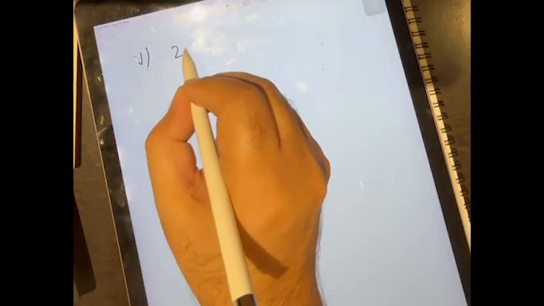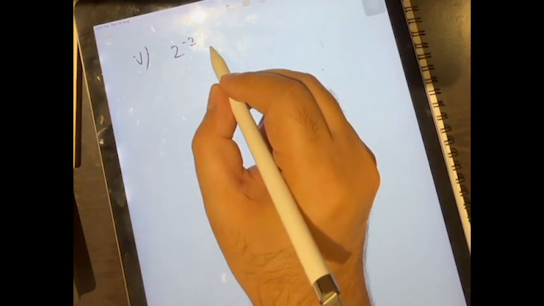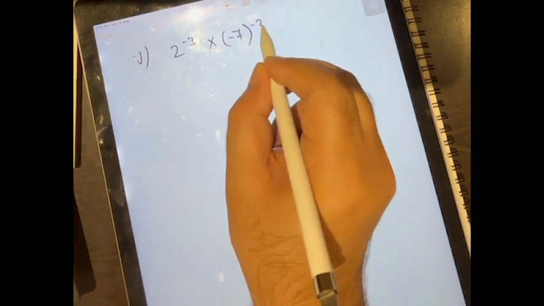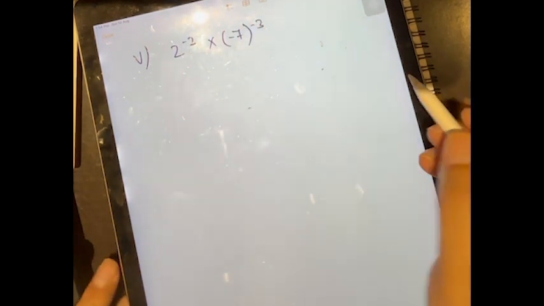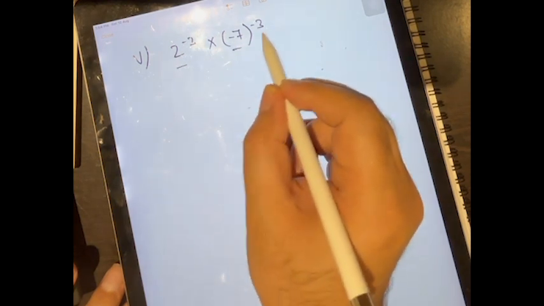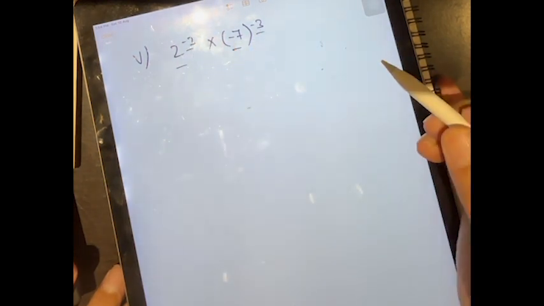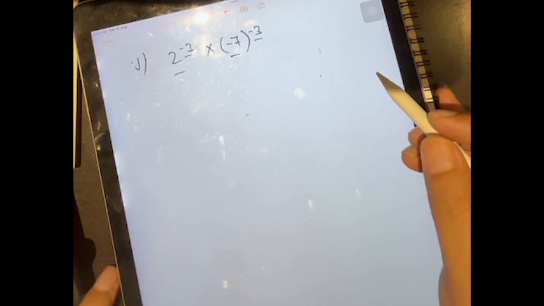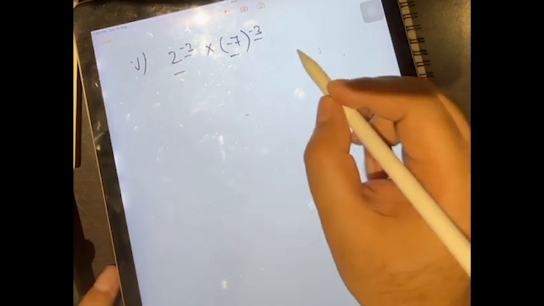Let's look at question number 5 under question number 2. Question number 5 says 2 raised to the power of 3 multiplied by minus 7 raised to the power of minus 3. Again, we have 2 different bases but with similar exponents, and in this case we will apply law number 4.